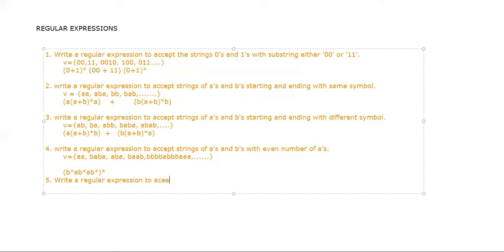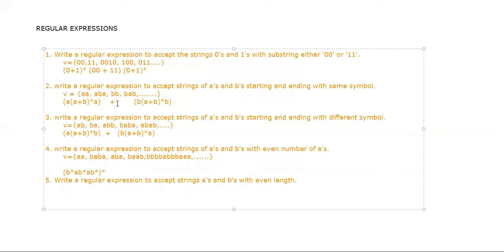So now the next question would be, accept strings of A's and B's with even length. Interesting. Observe. Earlier we were worried about only A's. Now we are worried about both together. So we have to count the length of A's and B's together.